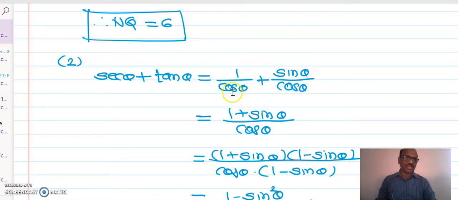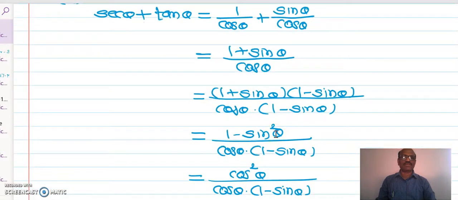Now both of them have the same denominator, therefore we can add them. That is 1 plus sin theta upon cos theta. Now, next we multiply the numerator and the denominator by 1 minus sin theta, and (a plus b)(a minus b) means a square minus b square, upon cos theta into 1 minus sin theta, keep it as it is.